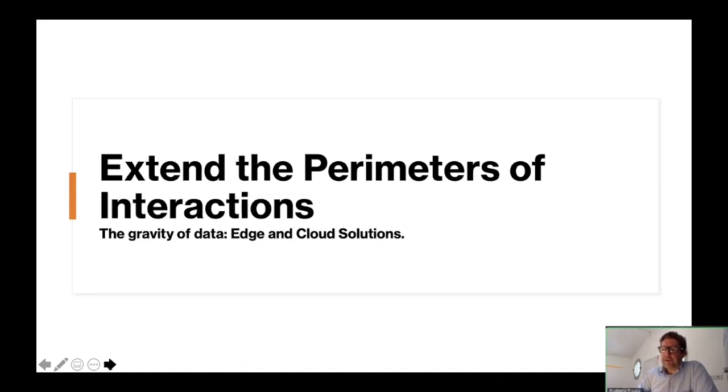And the interaction levels, like the one that we saw in the simulator before, require very, very low latency. If you start having a latency of milliseconds, you perceive that the world is not real and you cannot interact properly with your products. So there is an issue here that is extremely interesting between edge and cloud solutions.